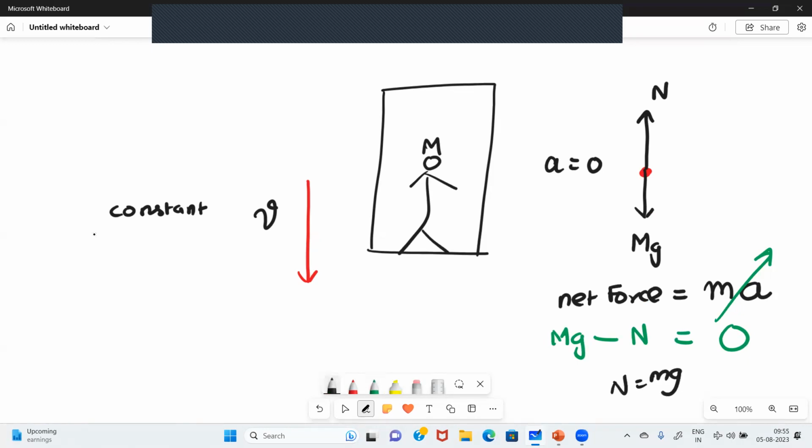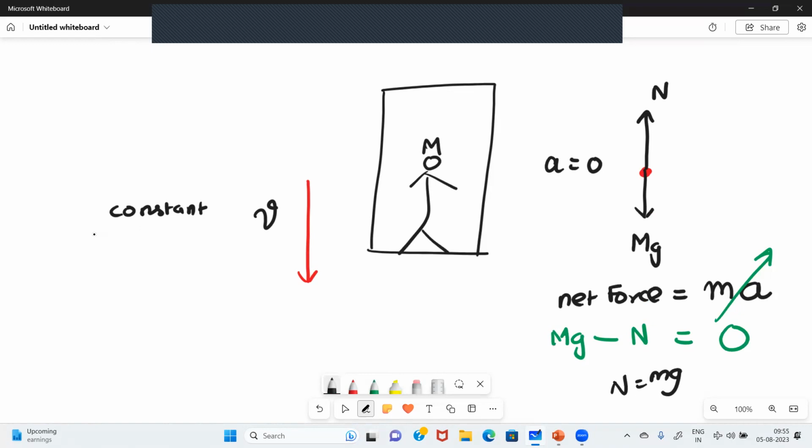Five things I'll tell you. We are quickly summarizing what we have learned now. First, case number 1. A lift is accelerating upwards with acceleration A. What is the effective acceleration?